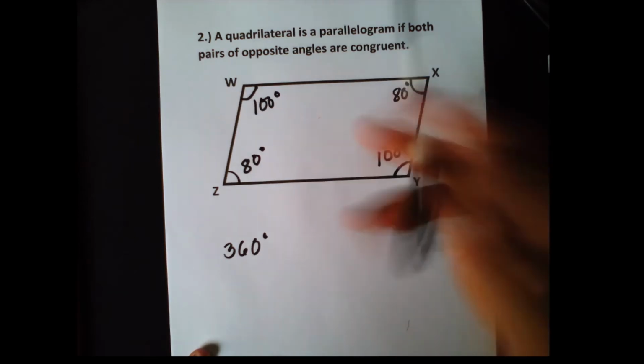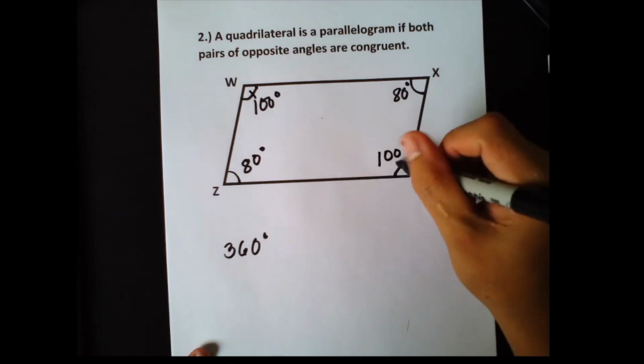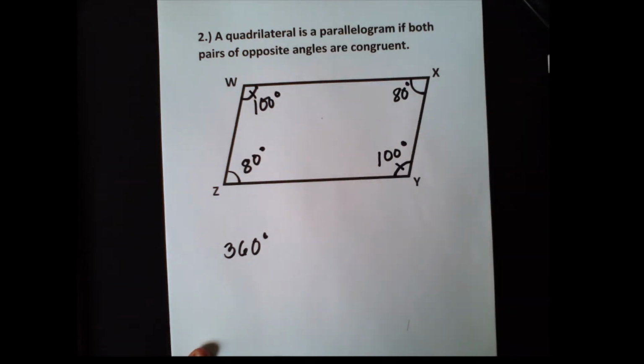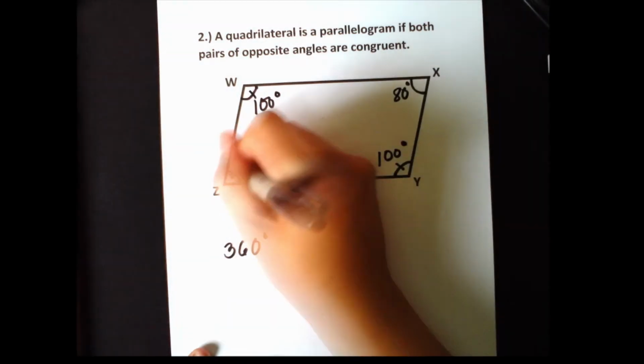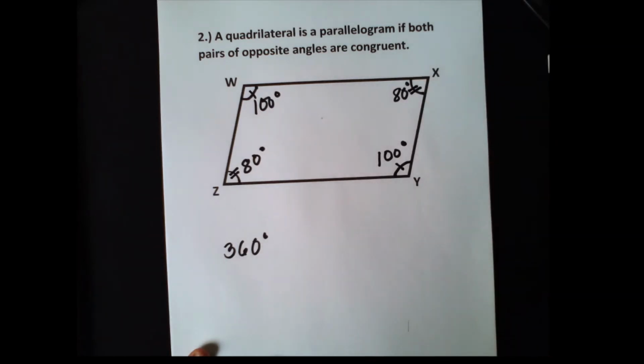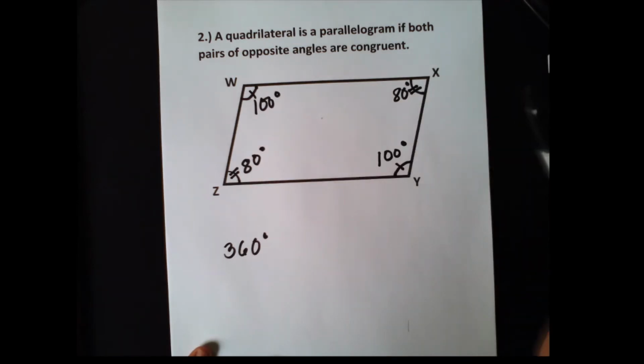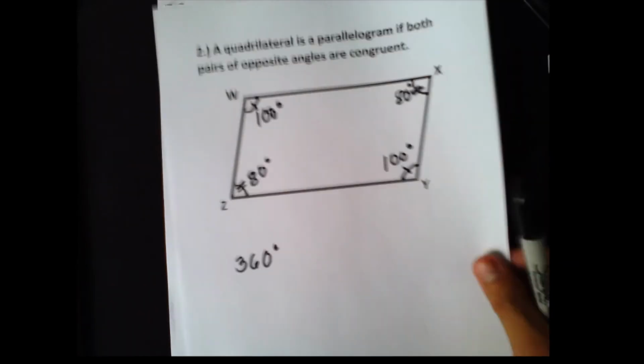As you can see, angle W is congruent to angle Y, and angle Z is congruent to angle X. So that is the condition of a parallelogram. May we have condition number 3.